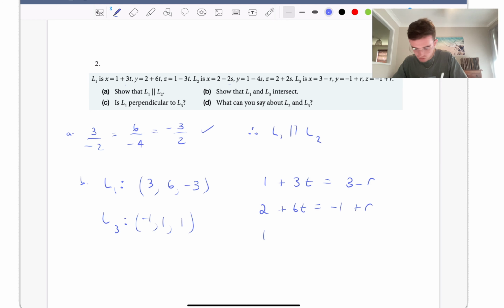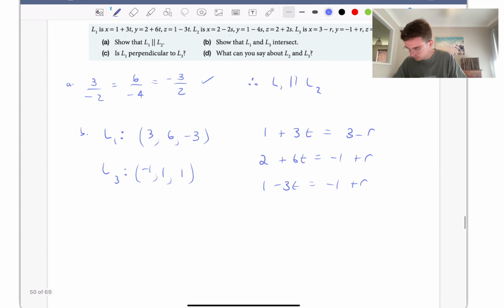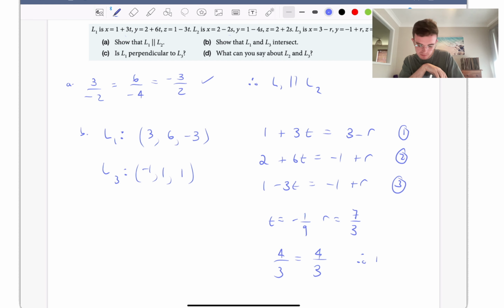And then we're going to have minus 1 minus 3t is equal to minus 1 plus r. Now, if you solve 1 and 2 simultaneously, you get t is equal to minus 1 on 9, and r is equal to 7 on 3. And if you substitute that into the third equation, you get that 4 on 3 equals 4 on 3, so therefore they intersect.